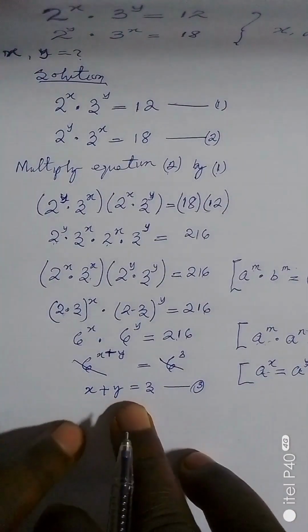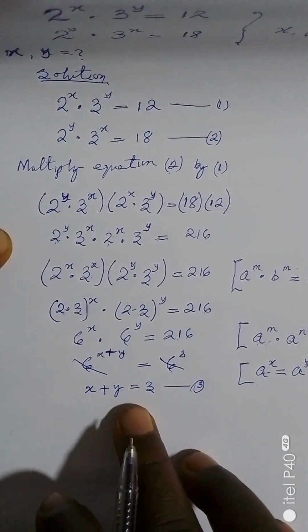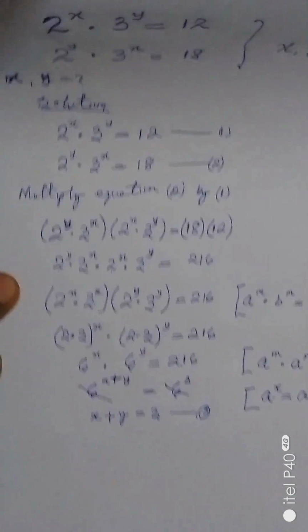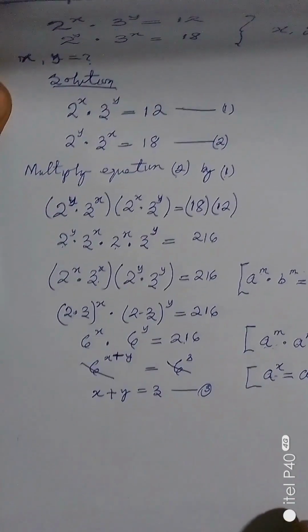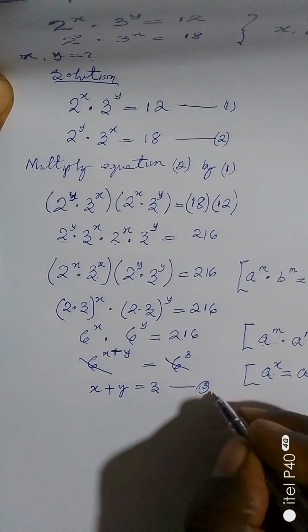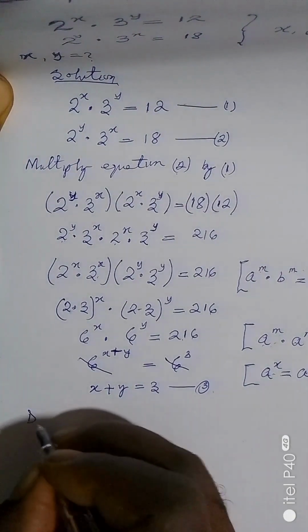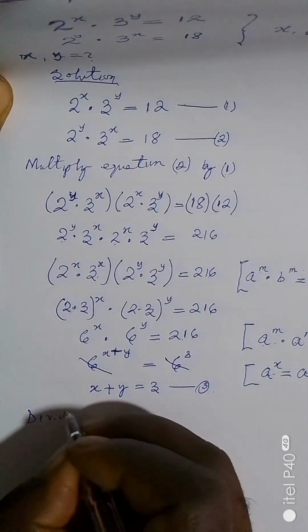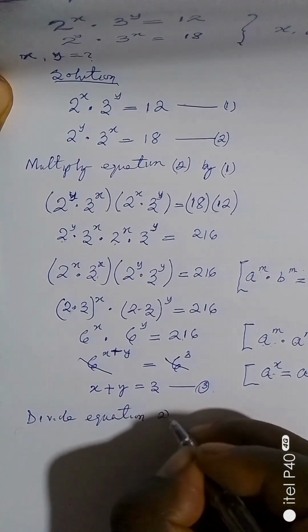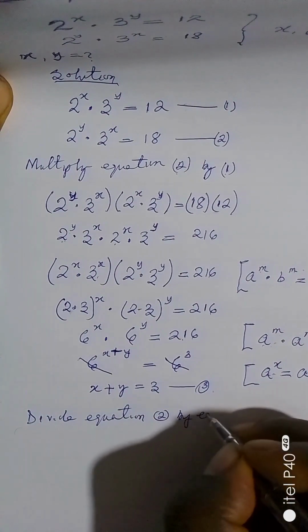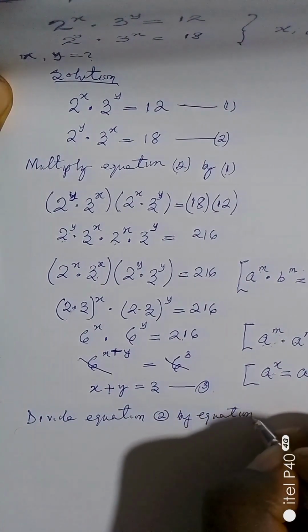Now we're going to go ahead and apply the division rule also. We divide equation 2 by equation 1. So now, since we have gotten equation 3, let's go ahead and divide equation 2 by equation 1.